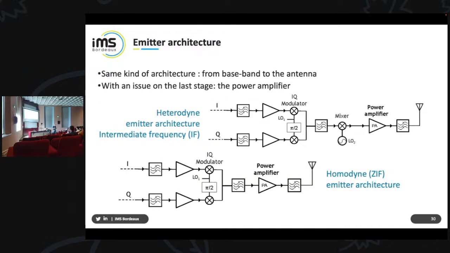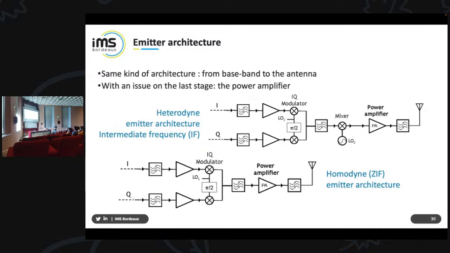So there are many architectures for that. It gets more and more complex because there is always a trade-off with the technology. It's not because you have a nice drawing here that it's going to work in real life. We have to struggle with the specifications and the performance of each building block. And this is the whole story of radio frequency for 40 years now: how to adapt it to go higher in frequency.